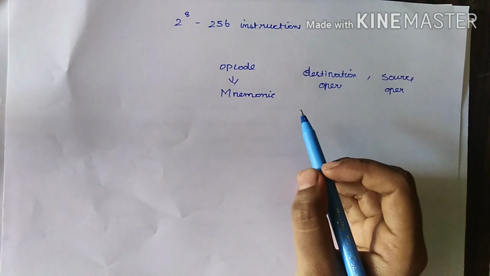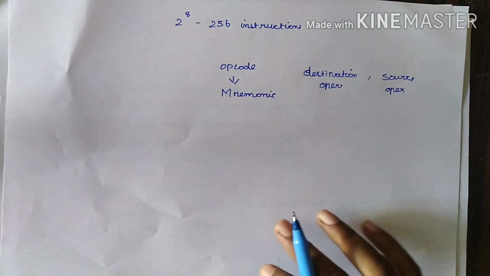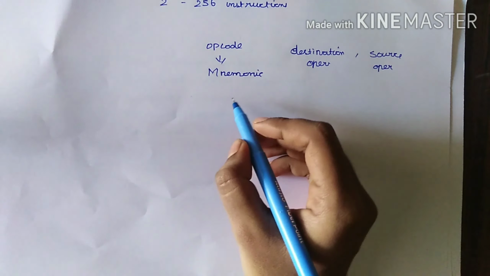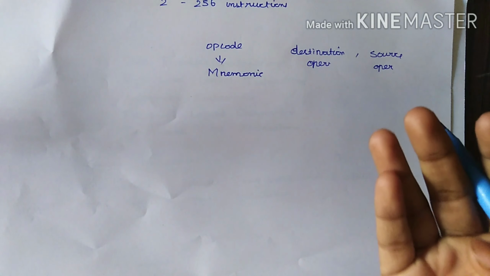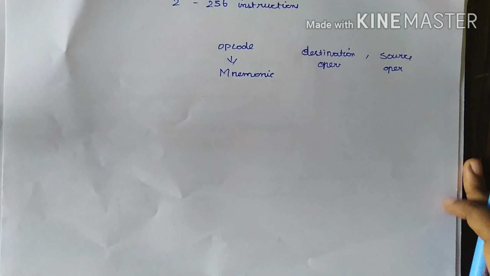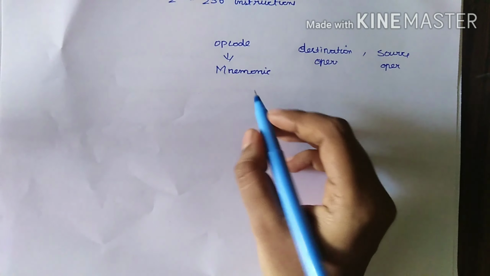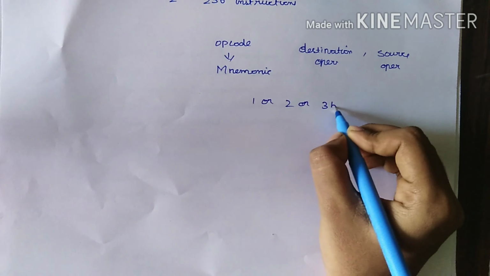These instructions can be 1 byte, 2 bytes or 3 bytes. In some cases there may be simply a mnemonic in the instruction, or in some cases there may be a direct address, or we can give the memory locations in the instructions. So these instructions can be 1, 2 or 3 bytes.